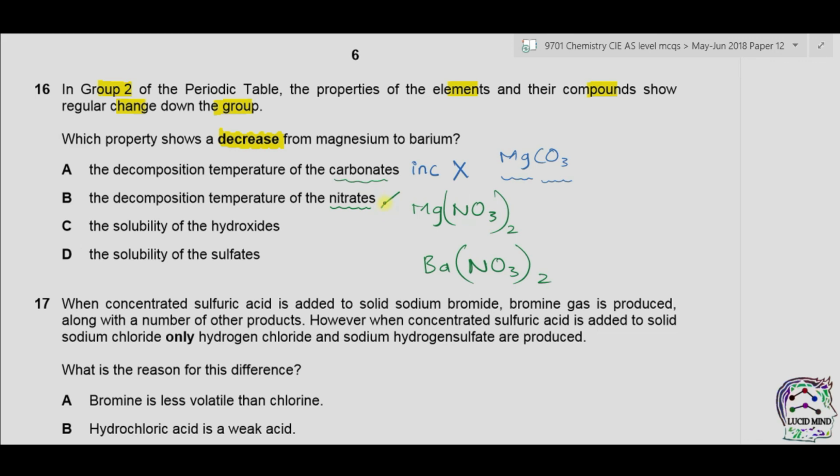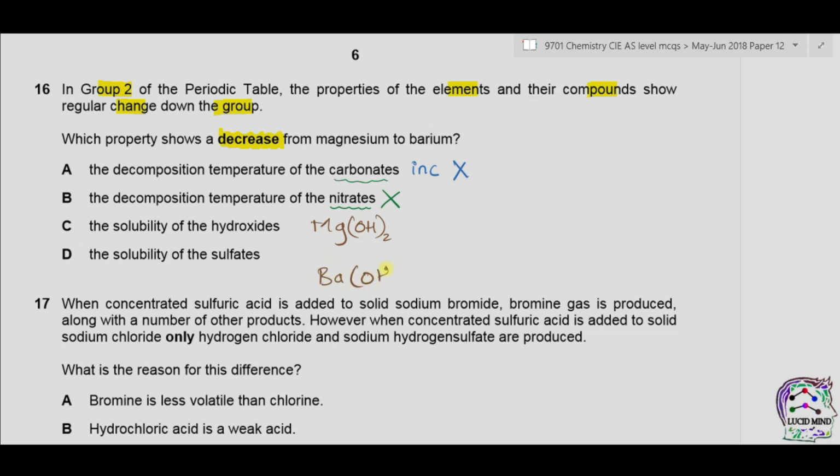So B is also incorrect. C. The solubility of hydroxides. Now we know that magnesium hydroxide is less soluble, and as we move down in the group, barium hydroxide is very much soluble in water. So the pH of barium hydroxide is quite high, it is equal to 13. So the solubility of hydroxide increases, so therefore C is also incorrect.